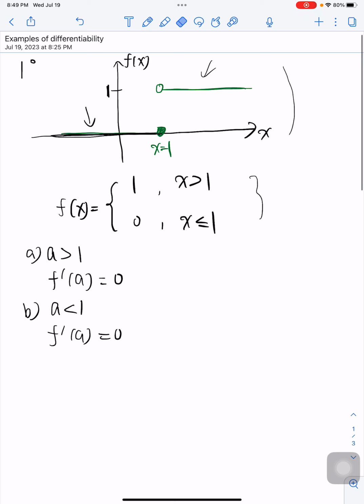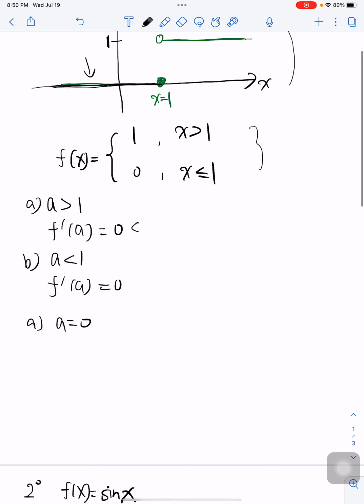Now, how about when a equals 1? You might argue that the right derivative is 0 and the left derivative is 0, so the derivative of f at 1, f prime of 1, equals 0.